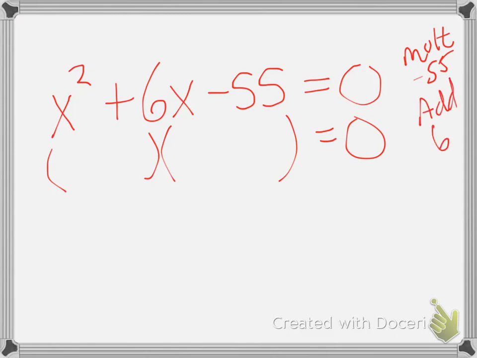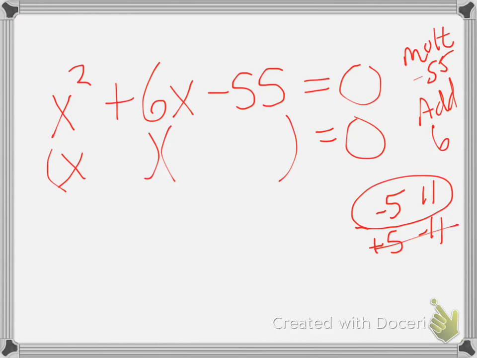So what times what makes 55? 5 and 11. You're going to have to subtract one because it multiplies to a negative. So it's either negative 5 and positive 11 or positive 5 and negative 11. Well, remember they have to add to positive 6, so it must be this one.